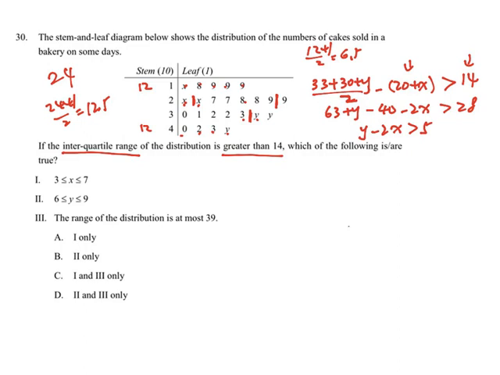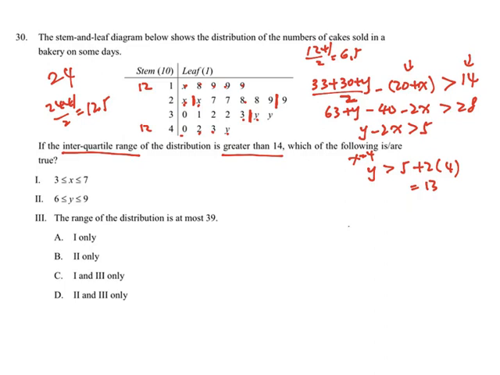So let's see. Because the subtraction of y and 2x is greater than 5, that means x can't be very large, for y to be large. For example, when x is 4, 5 plus 2 times 4 is 13.